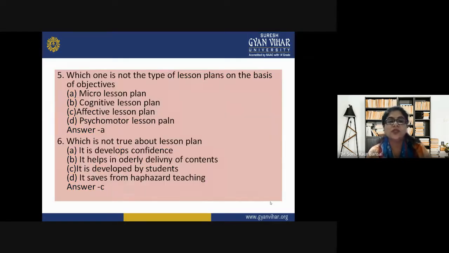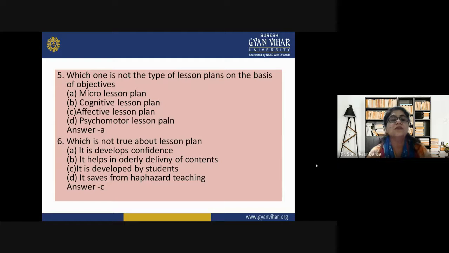Now, the next question is related to which one of the types of lesson plan on the basis of objectives is not a type of lesson plan. You have to select which is not. So, micro lesson plan, cognitive lesson plan, affective lesson plan, psychomotor lesson plan.